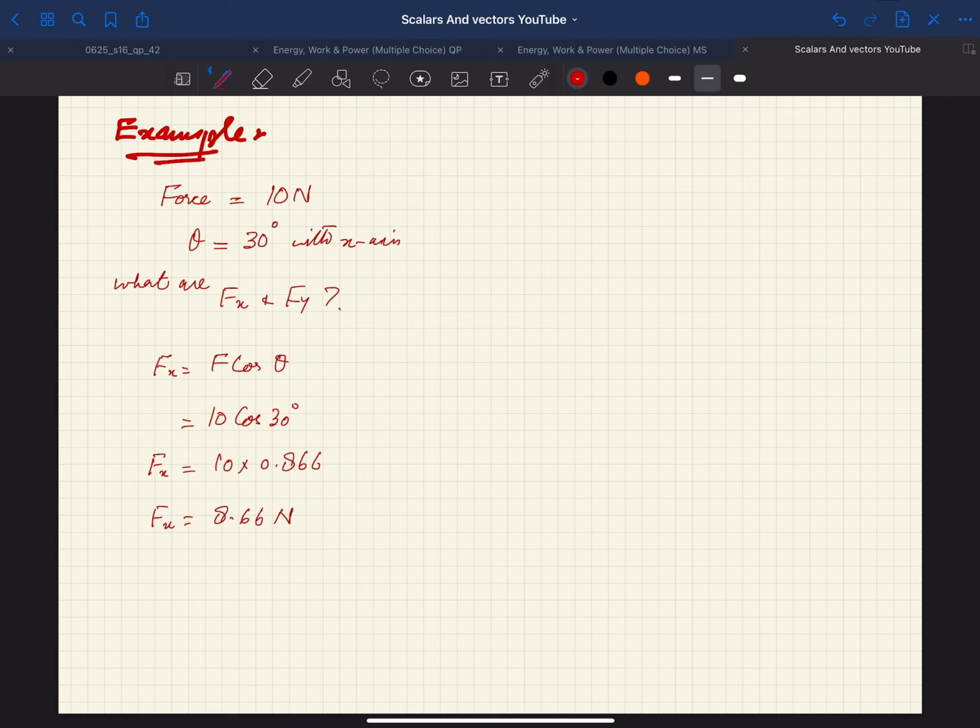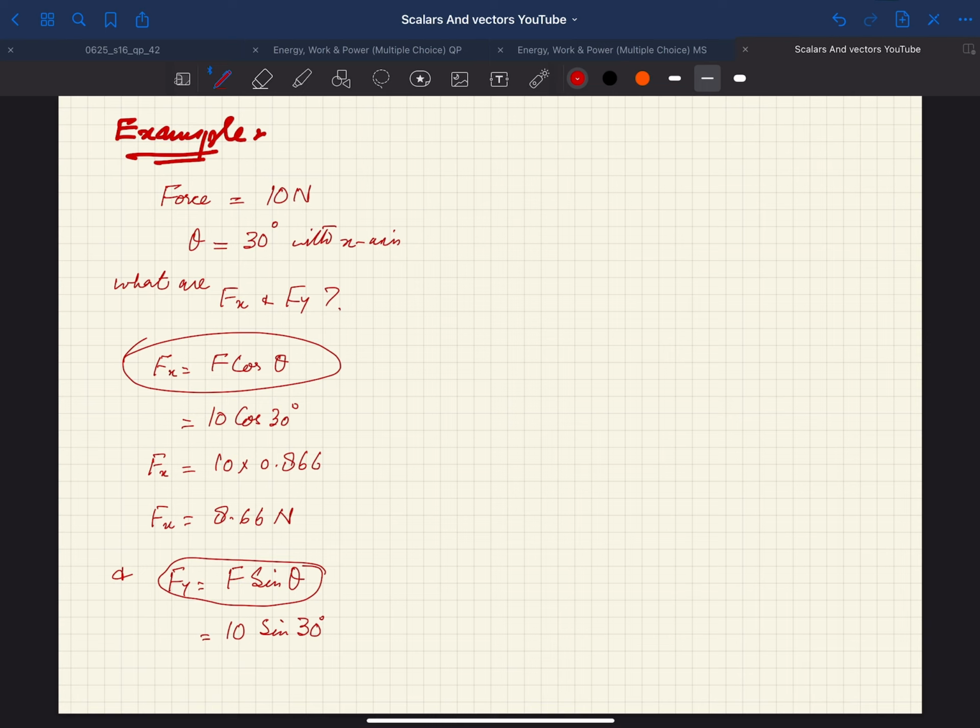On the other hand, if you want to find fy, then f sine theta you have, and f is 10 and sine of 30, yani you have to use the same angle for the force which is given. So you will use the same angle in both the cases.